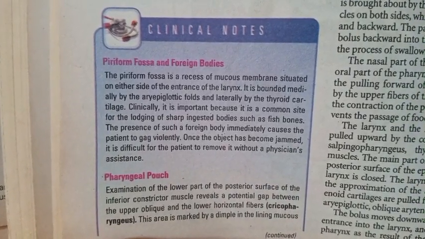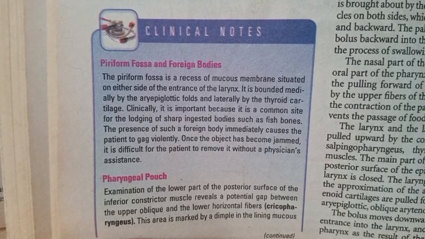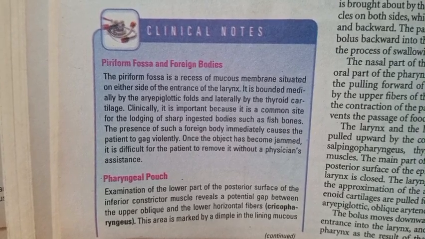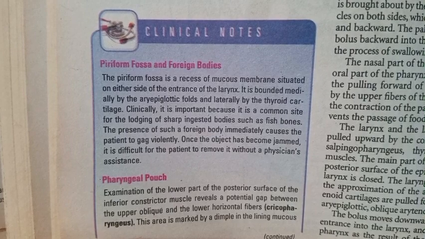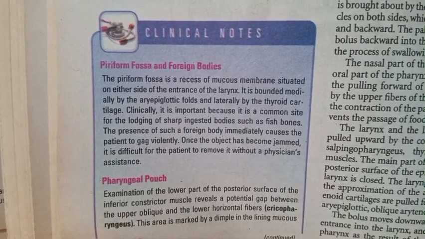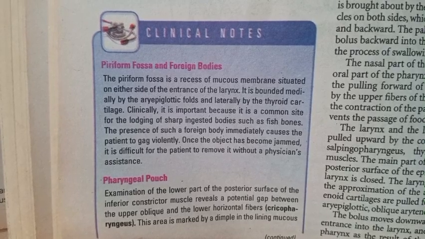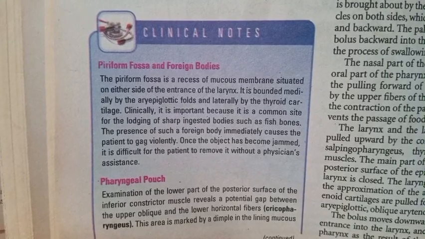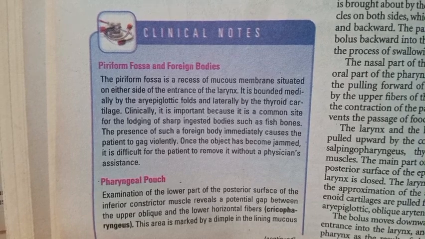Examination of the lower part of the inferior constrictor muscle reveals a potential gap between the upper oblique and lower horizontal fibers, which is known as the pharyngeus. The area is marked by a dimple in the lining.